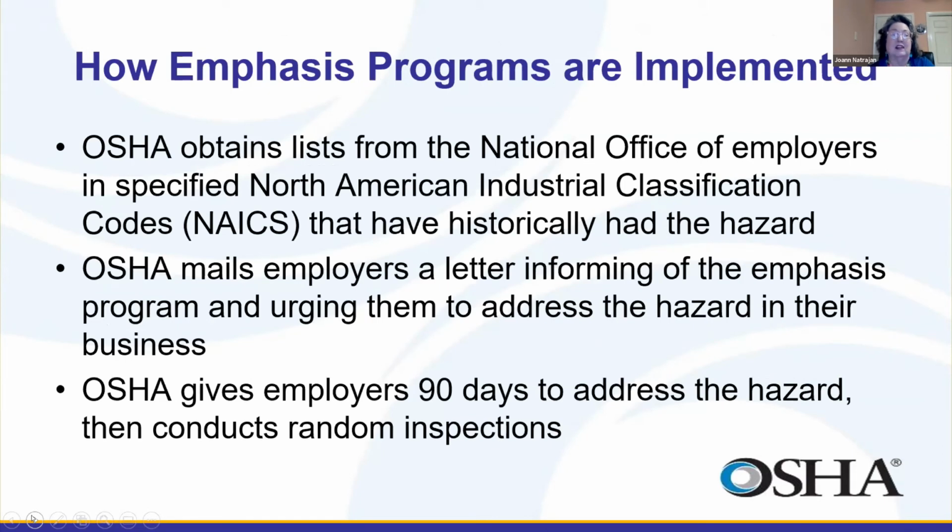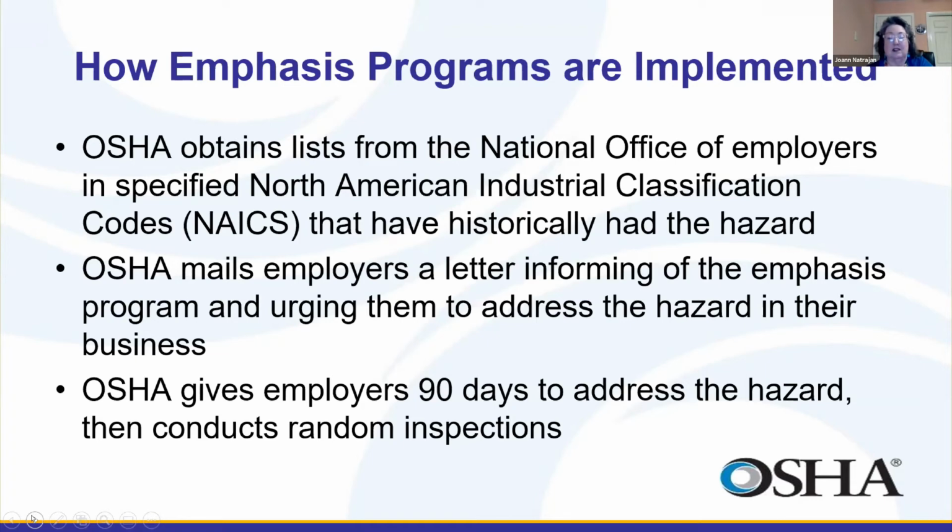How do we implement these? Essentially what happens is the area office gets a list from the national office of employers in types of industry where we think they have the hazard. Okay. And what we do is we'll mail the employer a letter that says, hey, you're being targeted, to put them on notice and say, inspect your workplace and make sure you don't have this hazard, because you're in a classification code that pretty much we've found that you do have this hazard.